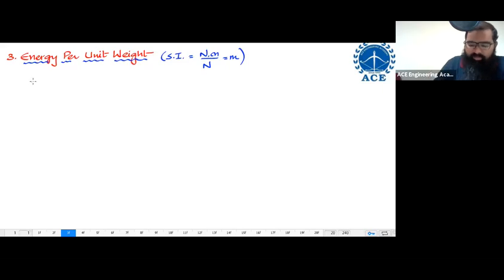The format is P by gamma plus V square by 2g plus Z equals a constant called capital H. Here P by gamma is known as static head or pressure head.